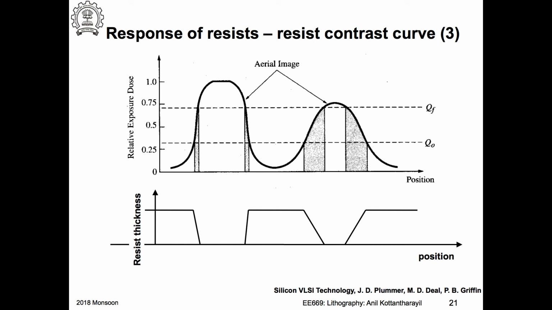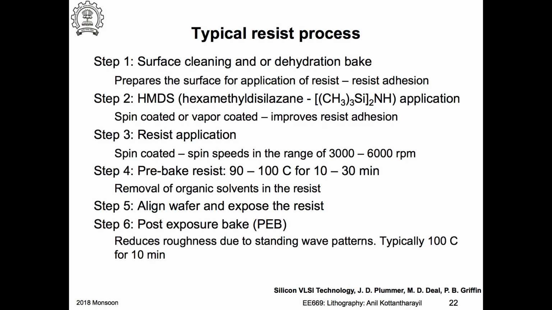When I develop it, I am going to take this wafer and put it into some solution, some liquid. If the photoresist does not stick, it will just be removed from the wafer surface. So it should have good adhesion to the substrate. And sometimes people do this: this is liquid hexamethyl disilane, and this is its chemical composition.